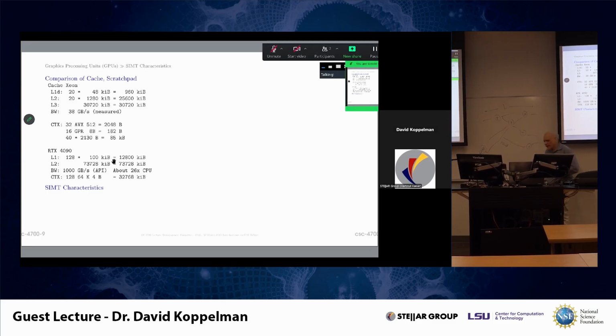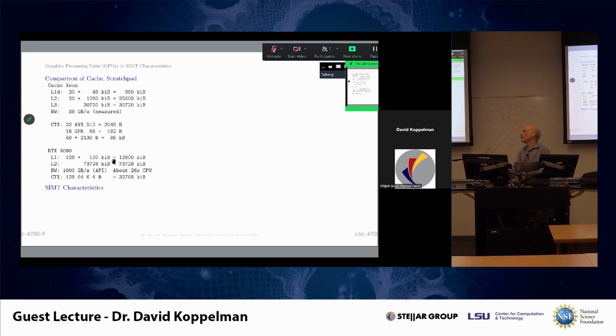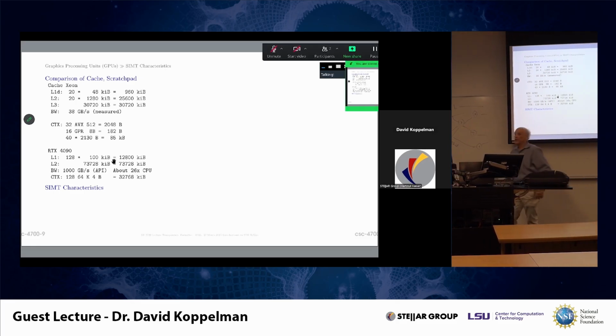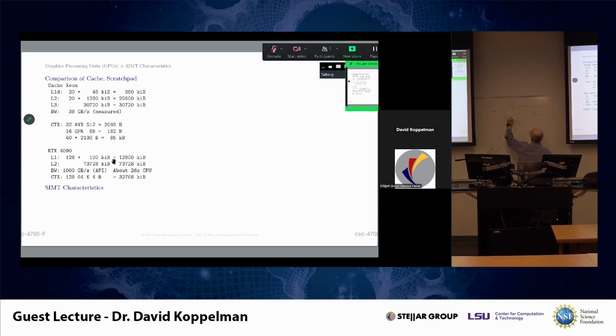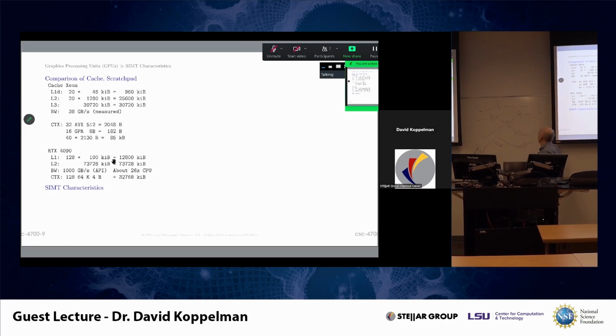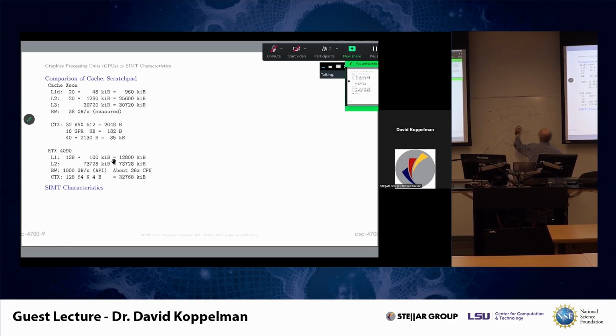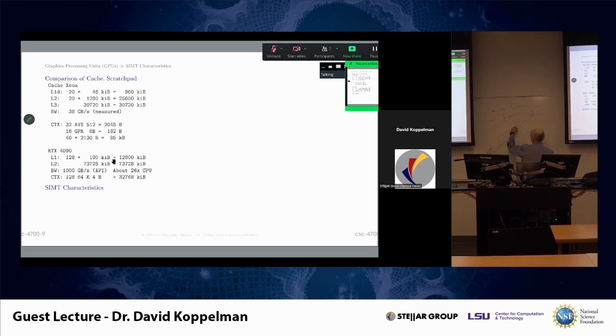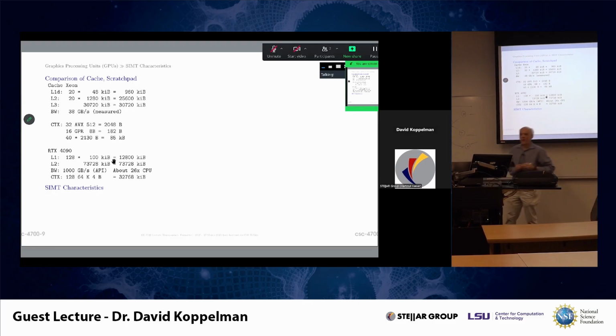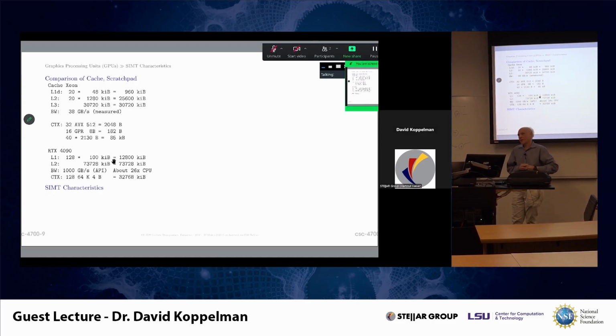So the thing to pay attention to is intermediate storage. Intermediate storage is going to be anything that is not read from memory or written to memory. In particular, here we have a load.